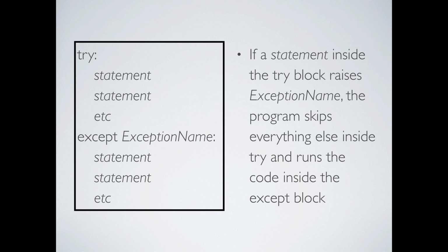If a statement inside this try block raises this exception, it will stop running the statements under try, but it won't throw an error message. Instead, it will jump down into this except piece. It's pretty cool, actually. It's a way to directly avoid potential exceptions and handle them, which is why it's called an exception handler.